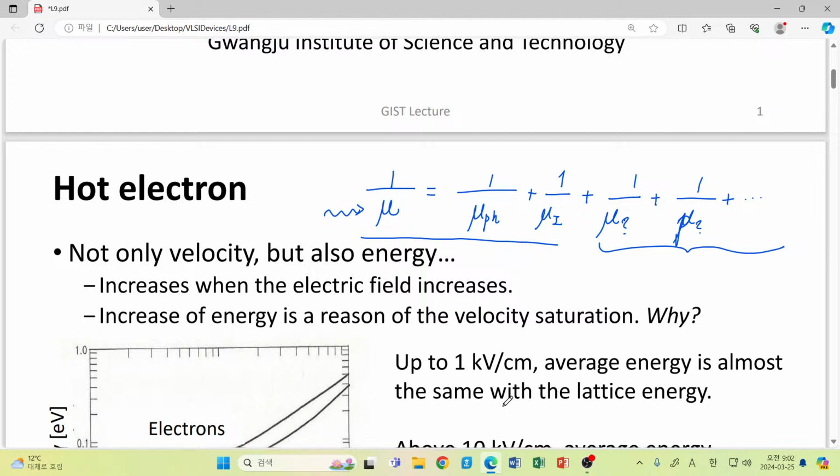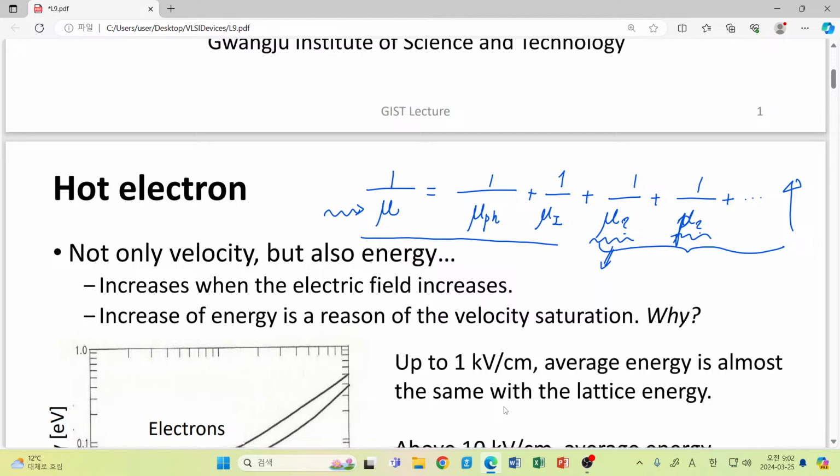Each of them will contribute a positive number, so overall this positive number will increase. When you have more scattering mechanisms, this inverse mobility will always increase.